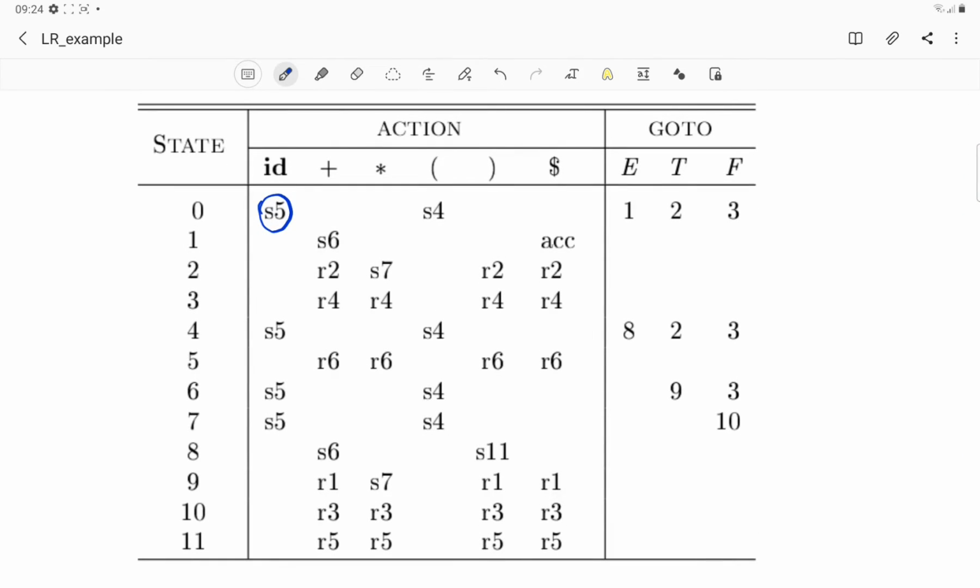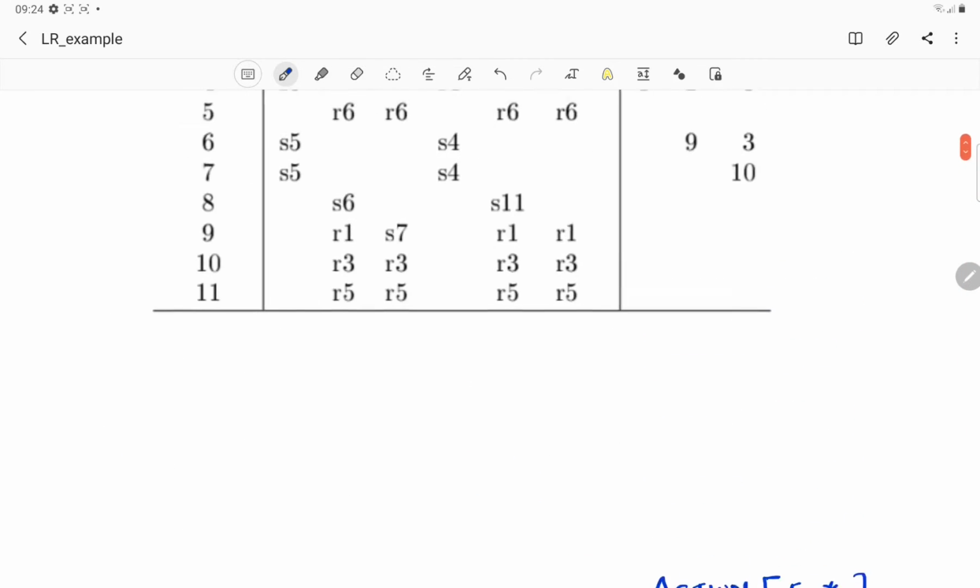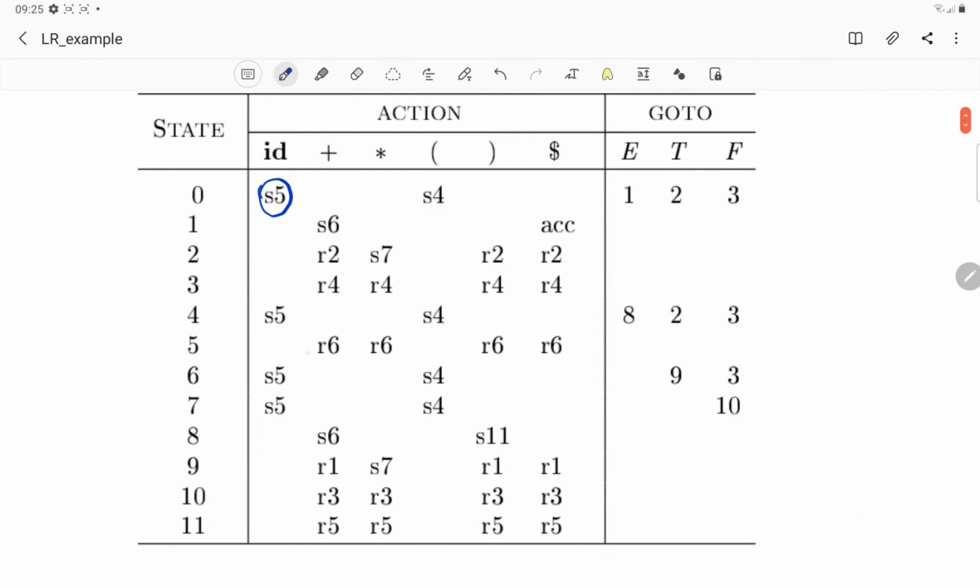This is our parsing table. How to construct this parsing table, we will discuss next. So 5 comma star gives R6, which means reduce by production 6.